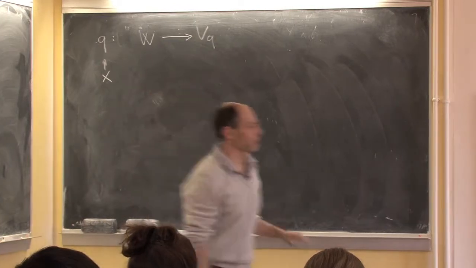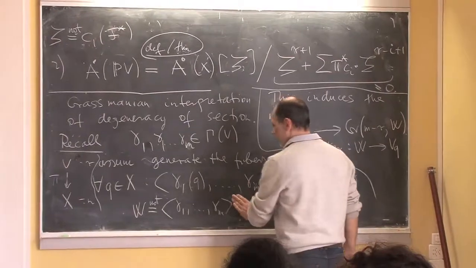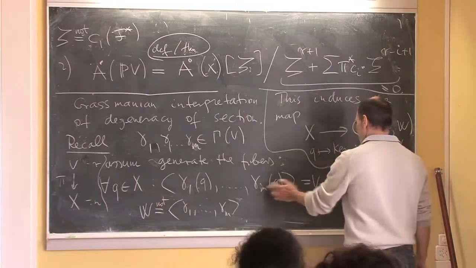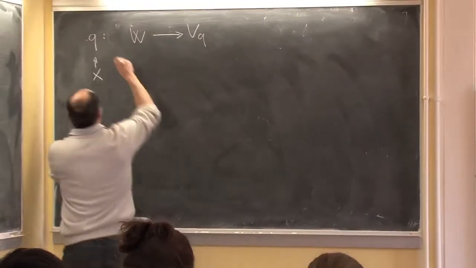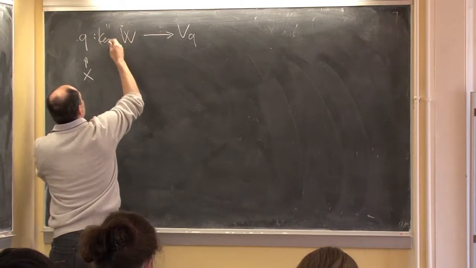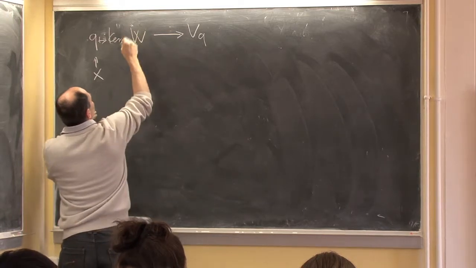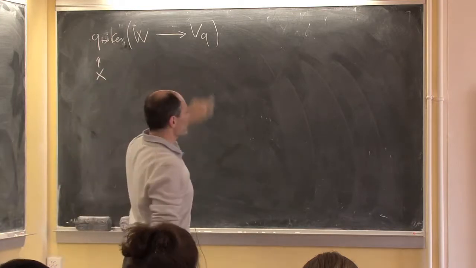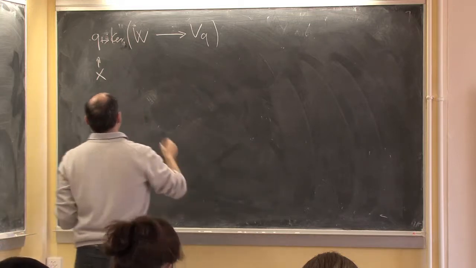So these elements form a basis of W. And now this basis of W is taken to m vectors in VQ, and of course they linearly extend to all of W. I confused myself in one place, but what we do is that we associate to each Q the kernel of this, which, since I assume this map is surjective, is now an m minus r dimensional space, right?